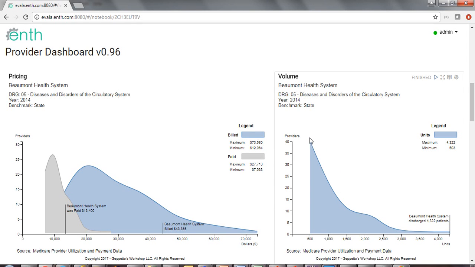So what we have here is about 40 providers that saw 500 or fewer patients. Around here we have about 10 providers that saw 1,500 patients. And what we see here is Beaumont Hospital. They saw 4,322 patients. They're number 1 ranked in the state of Michigan. They are basically the leading provider in volume for diseases and disorders of the circulatory system.